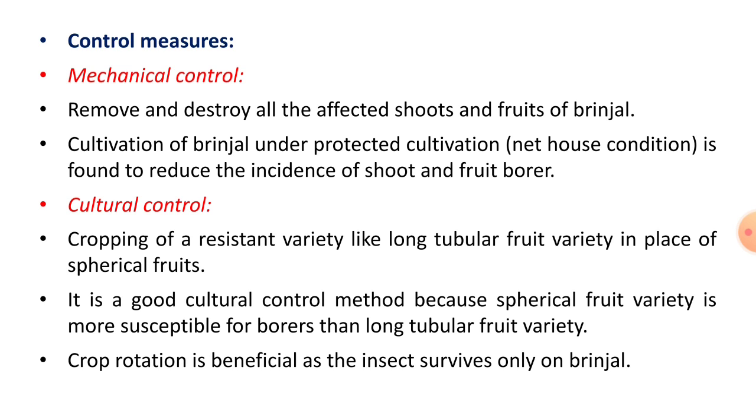Now come to cultural control. Cropping of resistant varieties like long tubular fruit variety in place of spherical fruit. Actually, long fruit variety is basically considered as a resistant variety. It is a good cultural method because spherical fruit variety is more susceptible to borers than long tubular fruit variety.